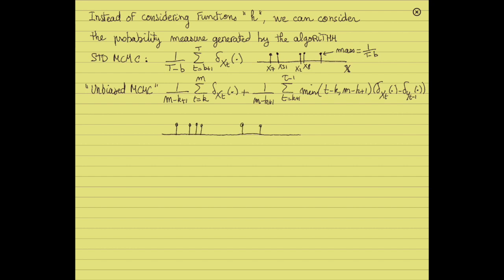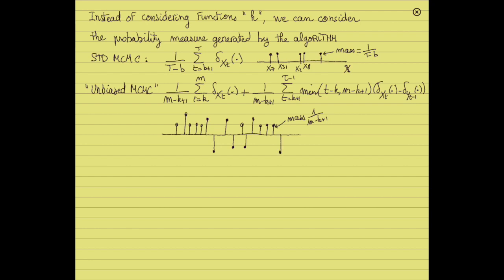And so we can think of this as locations on the state space again, some of them have a mass exactly equal to 1 over m minus k plus 1. That's coming from the MCMC part. But we also have some points associated with different masses, positive and negative.